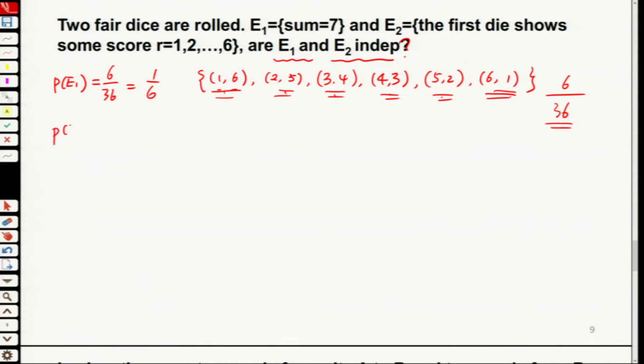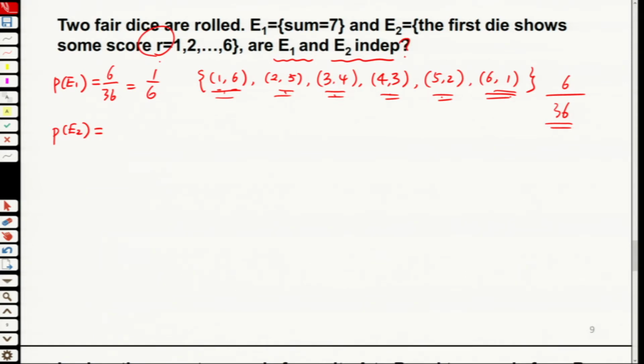So what's the probability of E2? What's the probability that the first die shows 1? 1 over 6. What's the probability the first die shows 2? But here we are saying showing some value r. This r could be 1 or 2 or 6.